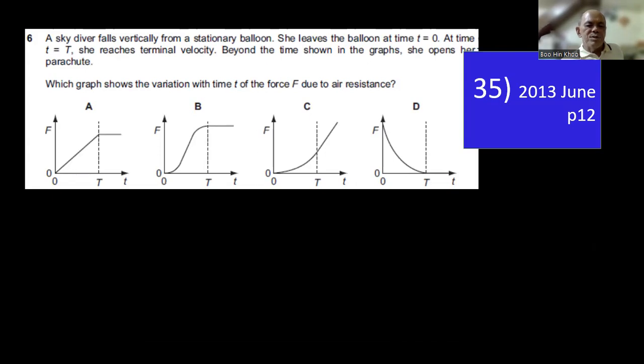Beyond the time shown in the graph, she opens a parachute. Which graph shows the variation with time t of the force due to air resistance? Right? The balloon is stationary, so that means she leaves the balloon at time t equals 0 with 0 velocity. So what is your answer?